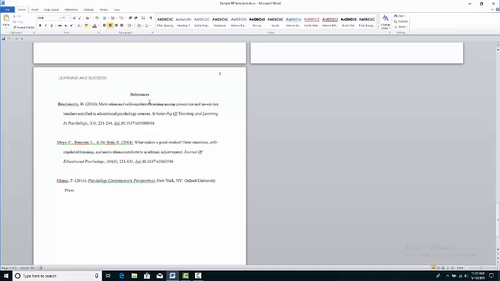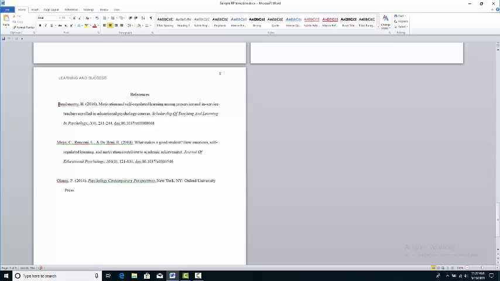So you're going to have a references page which will be properly formatted in the APA, again, the American Psychological Association format. The word references will be centered. Everything as it is throughout the entire paper will be double spaced.